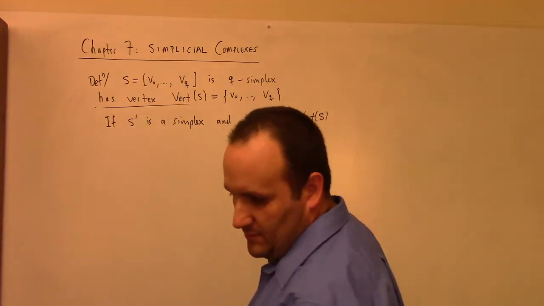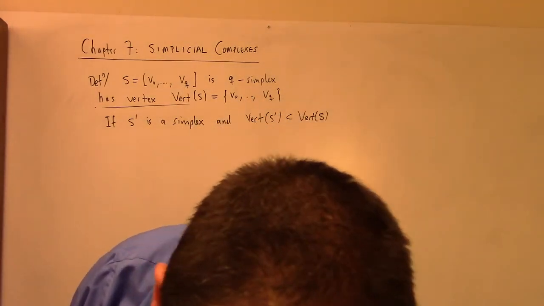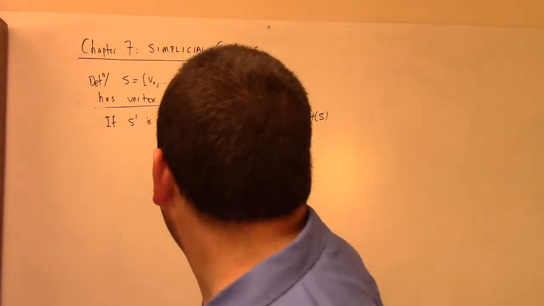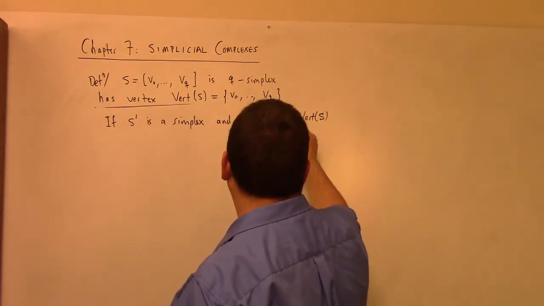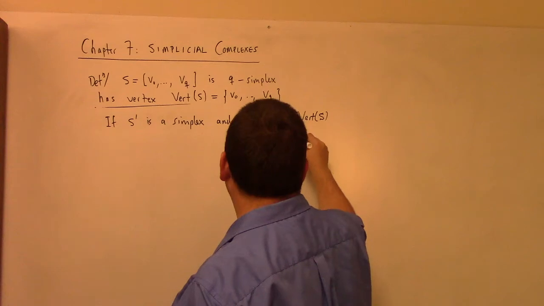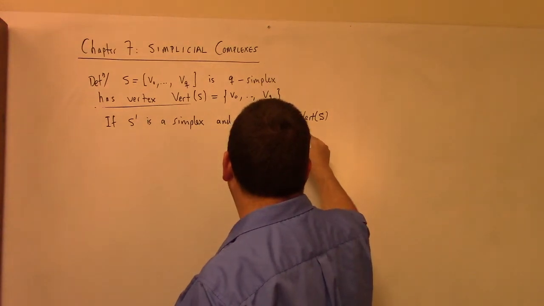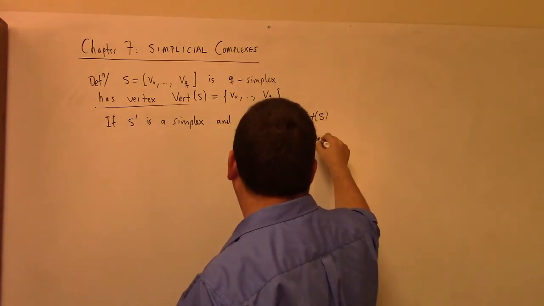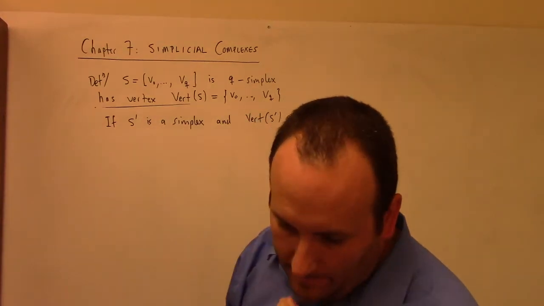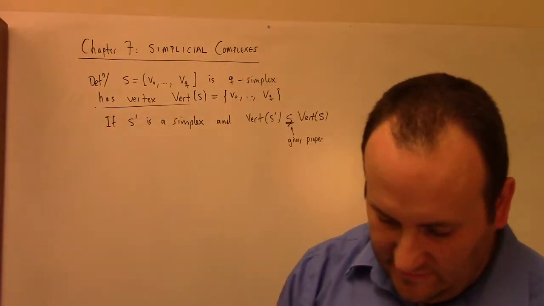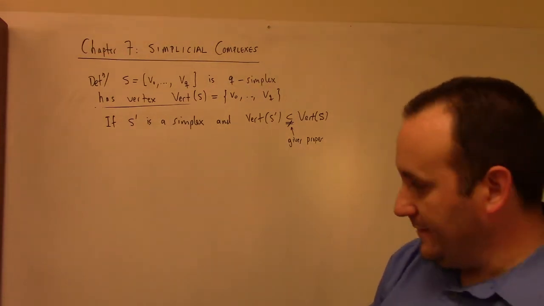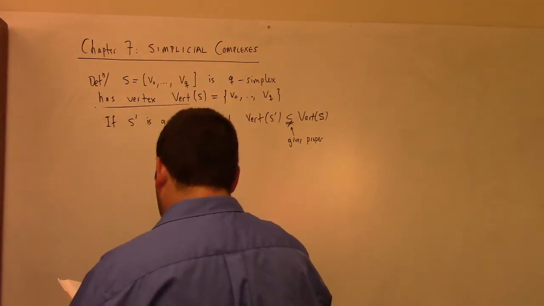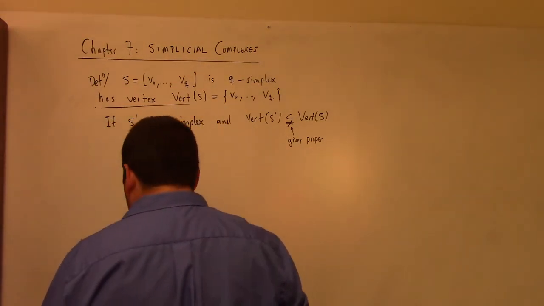And then what's a proper face? He also defines a proper face. It's when they're not equal, right? So adding the not-equal gives proper. Alright, so definition: a finite simplicial complex is a finite collection of simplices in some Euclidean space.